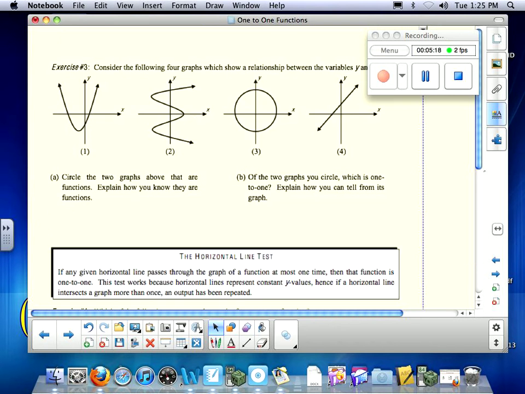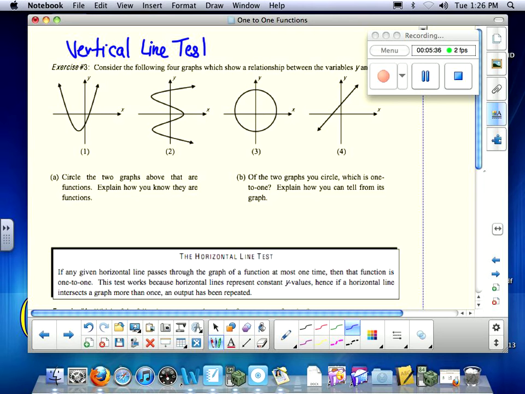We can also look at a graph in terms of one-to-oneness using what we know from our previous math experience, a vertical line test. Anybody recall that? Can somebody explain it to me?